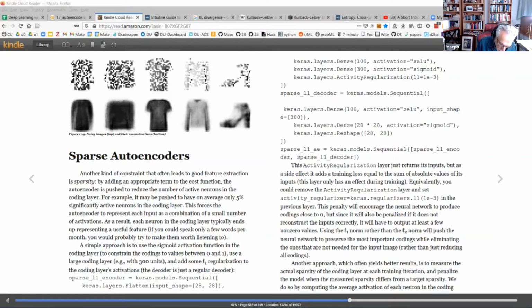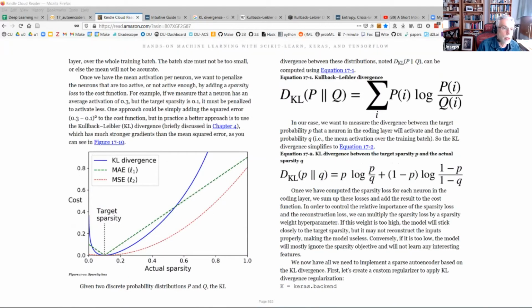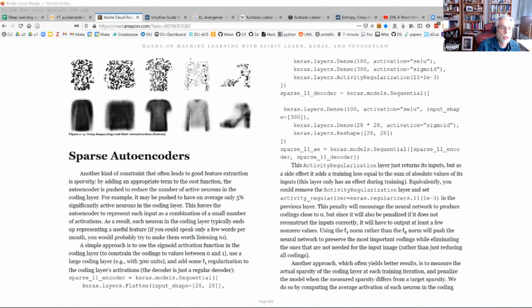The other thing that's different is that the encoding layer is now large. Remember, we had been working with undercomplete autoencoders, where the last hidden layer is smaller than the inputs.